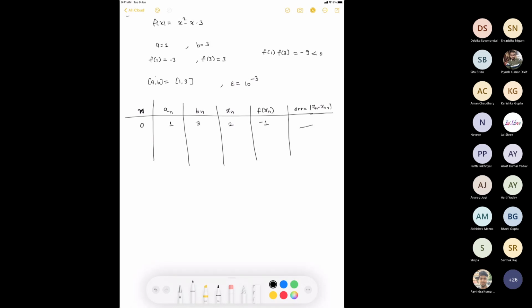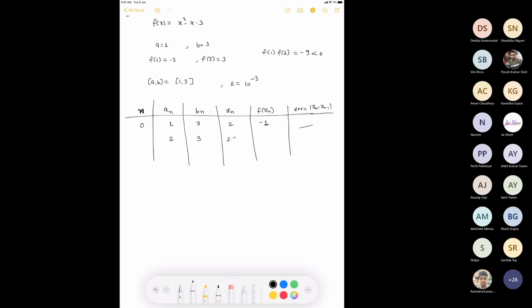Okay, so now I know the sign of f at the midpoint is negative, right? So I know that f at a is negative, so I'm going to replace a with the midpoint, and b will remain as it is, right?